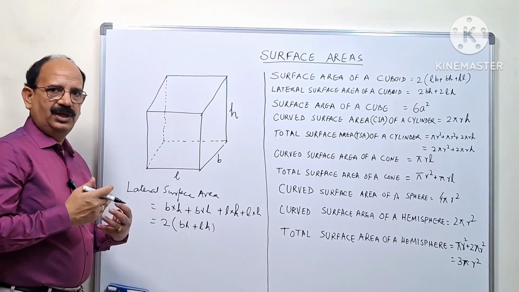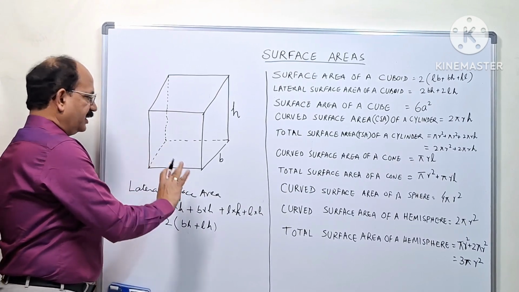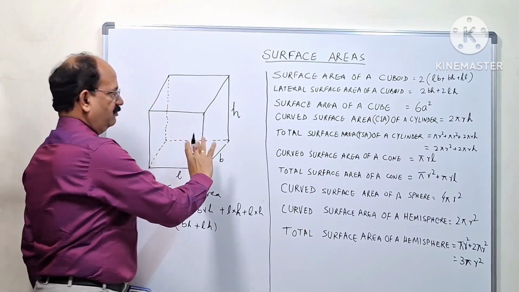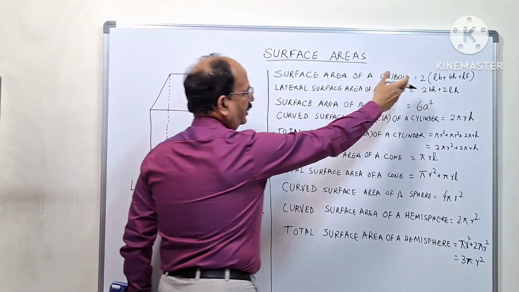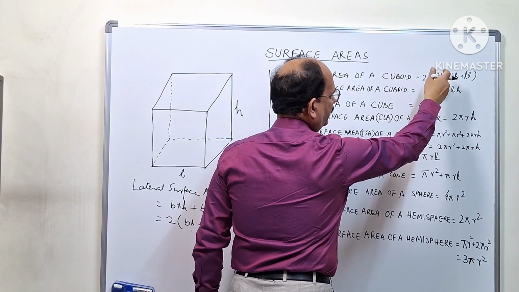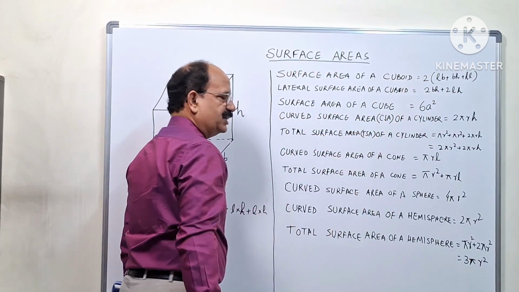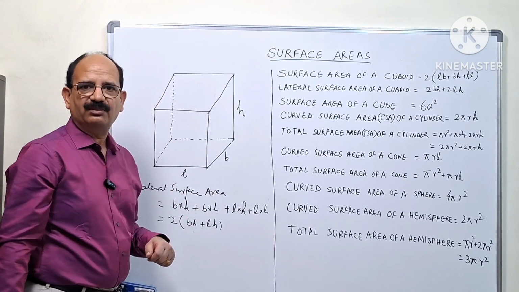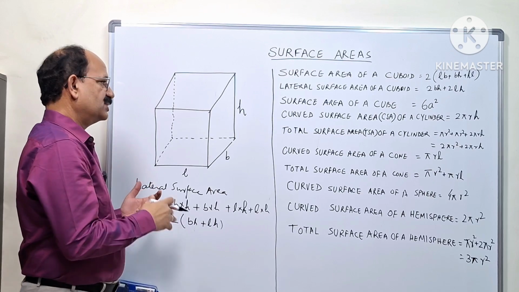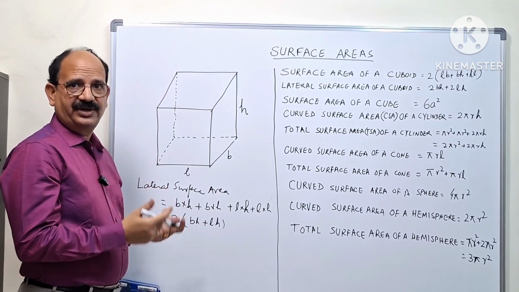I would urge you people to remember this formula in this format only, that there are, so 2LB plus 2 under bracket LB plus BH plus LH, or 2BH plus 2LH, because at times when you are solving problems, the surface area identification cannot be done by one generic formula.